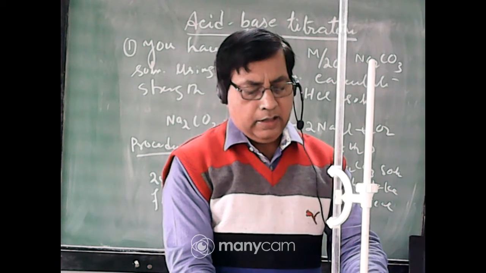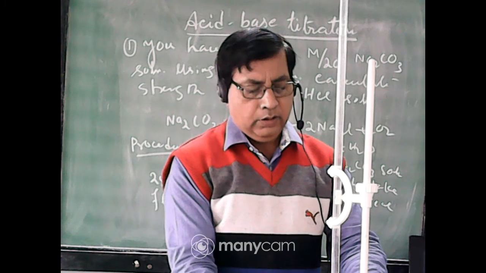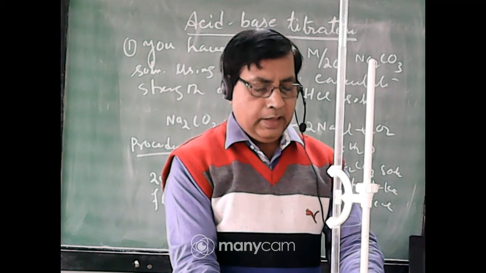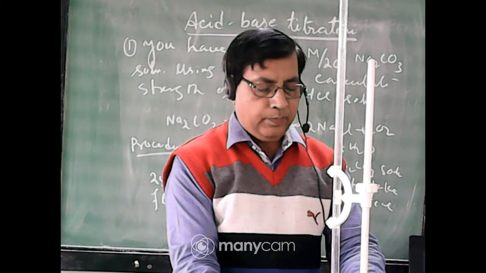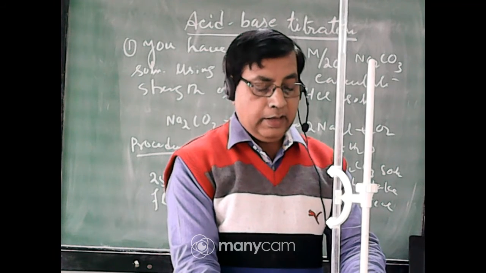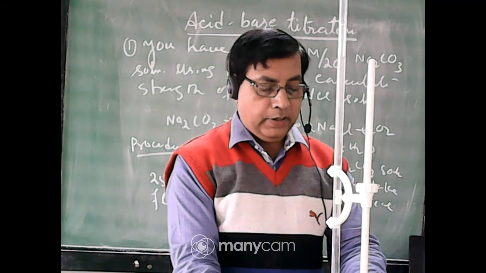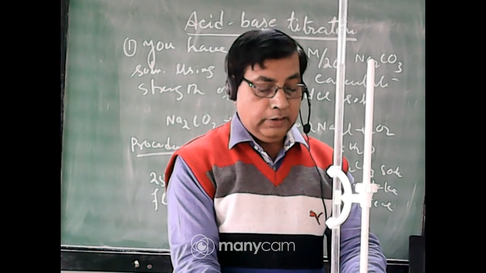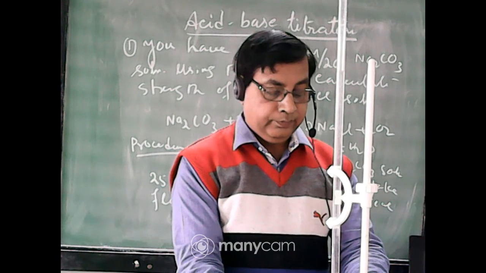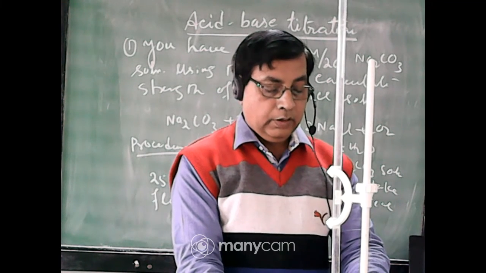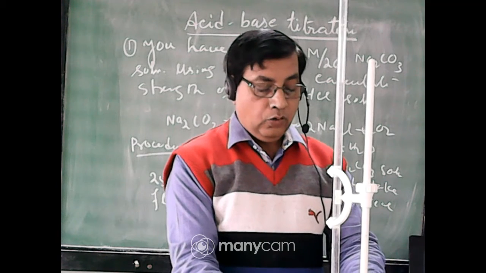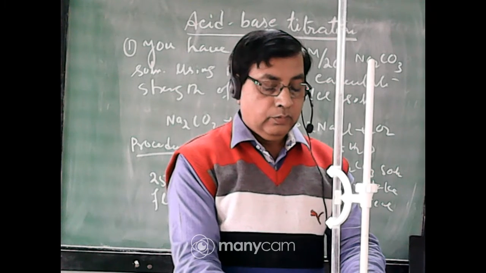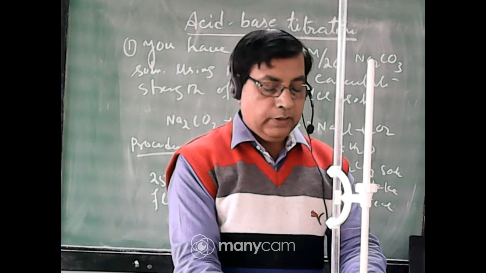See this, and continuously stir the solution until a very light pink color permanently appears. When the light pink color appears, that will be the end point, because the indicator by changing color gives the end point. When you add the sodium carbonate solution, you continuously stir the HCl present in the conical flask.